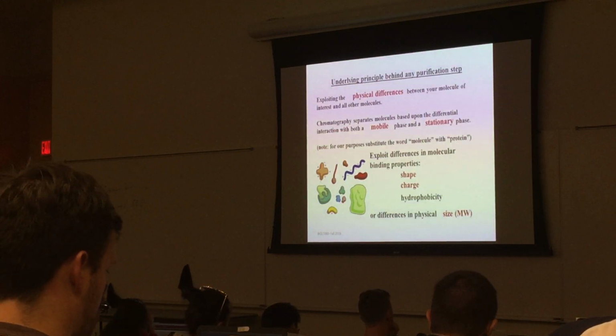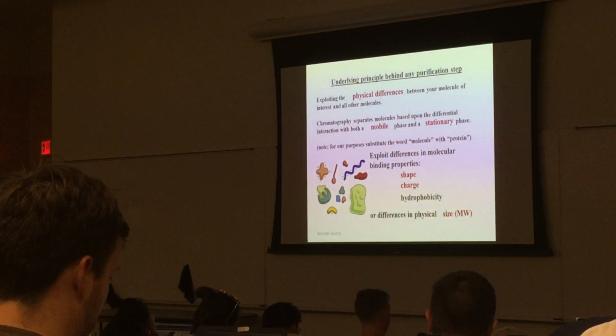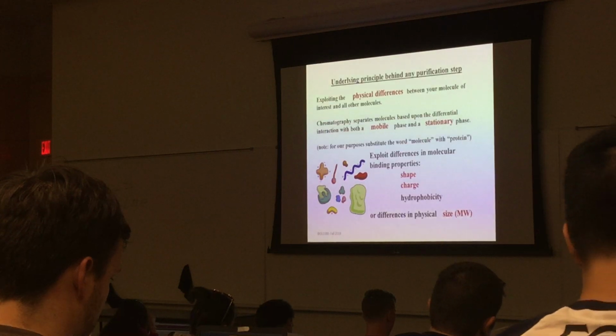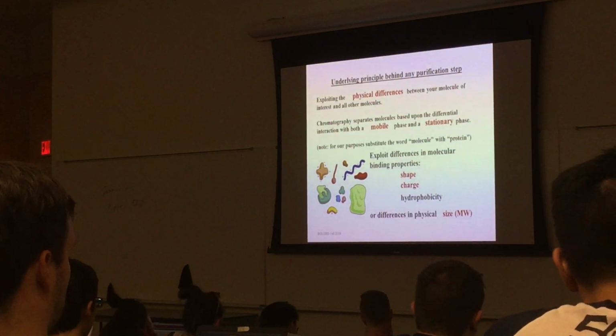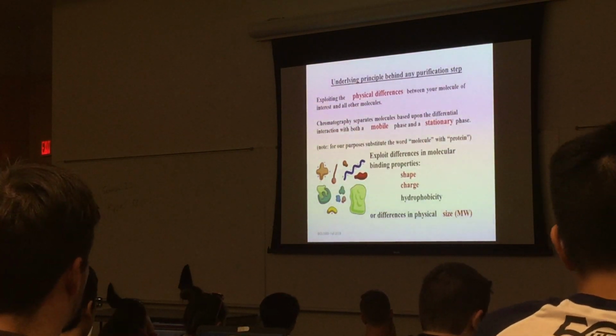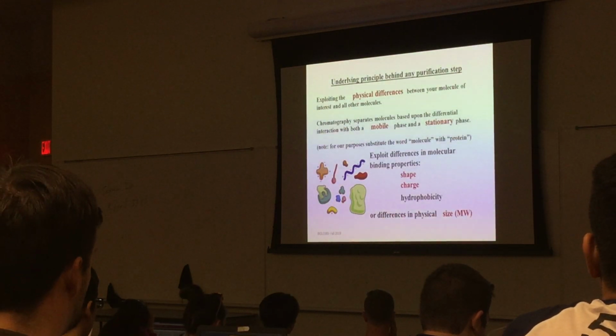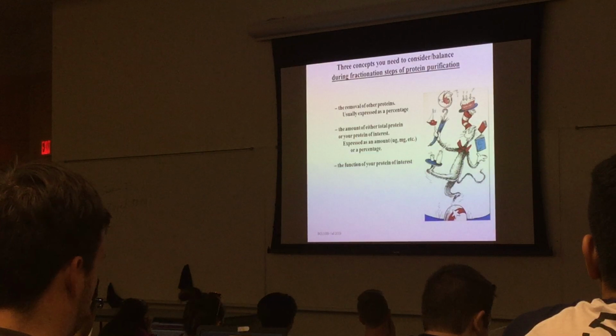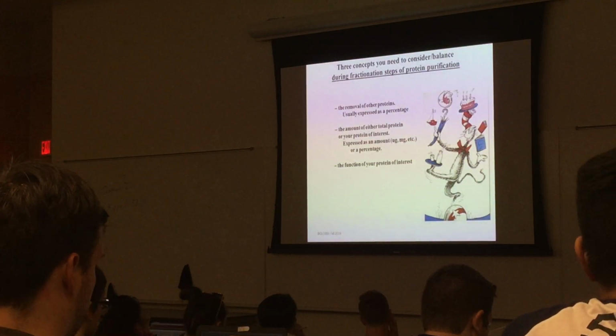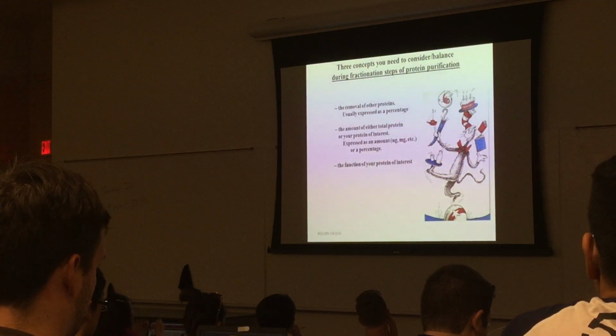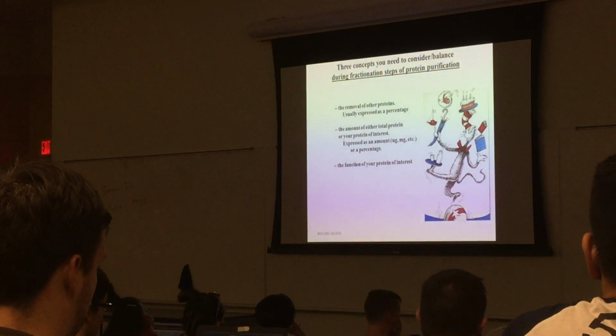And so the larger it gets, the higher the molecular weight. So we'll use those terms interchangeably, size and molecular weight. So those are the principles behind any purification step. And as we do that, we're going to have these three balls that we're always going to be juggling at any one point in time.